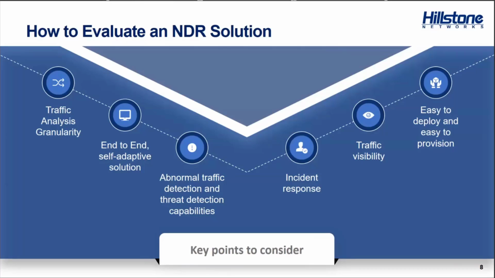And third, it should be able to detect, of course, abnormal traffic and threats. These are the third criteria to evaluate an NDR solution. The other one is that it should have some incident response capabilities. Usually, incident response can be done in conjunction with security devices.